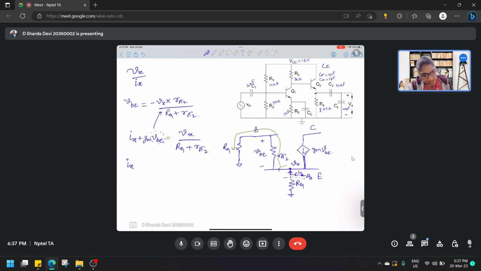So we will have Ix equal to Vx times 1 upon r naught 1 plus R pi 2 plus R pi 2 upon r naught 1 plus R pi 2. So Vx upon Ix is r naught 1 plus R pi 2 upon R pi 2 plus 1, right?